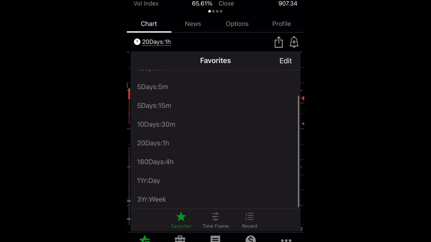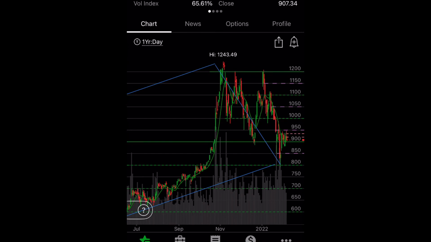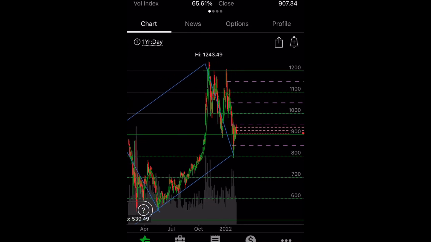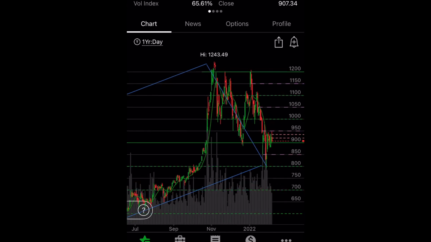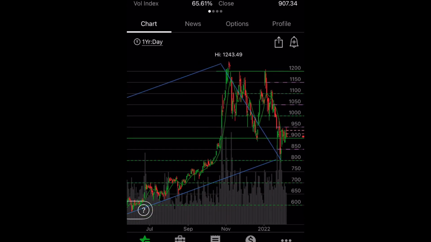early 2021 levels. So we got resistances meeting up with supports. So, boom, we're watching all those levels.